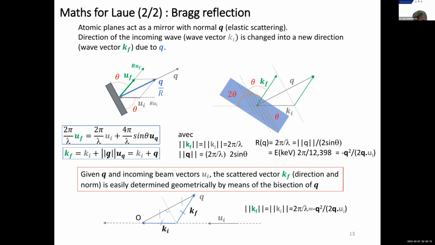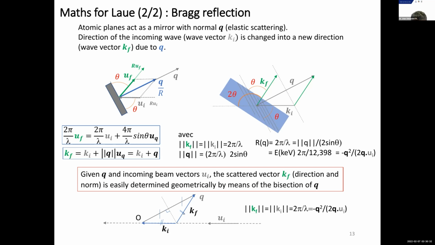So I know the norm of the Q vector, but I know only the direction of Ki, not the length of Ki and Kf, and I don't know the direction of Kf.